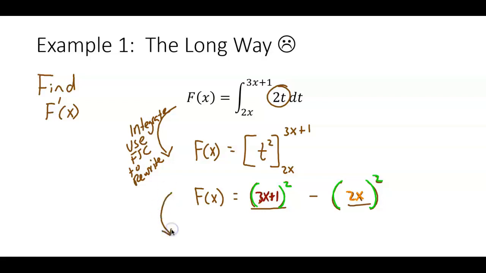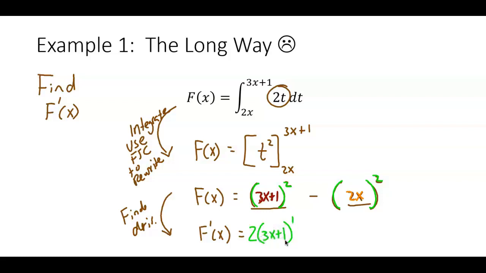Step two is to find the derivative. So that's going to be f prime of x is equal to what? Well, let's do the derivative of the outside first. The derivative of the outside, I'm going to throw the power to the front, and I'm going to take 1 off of the power using the power rule. And we leave the inside alone.